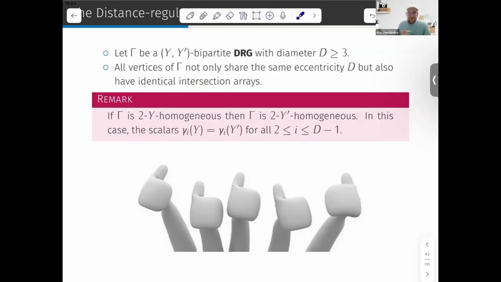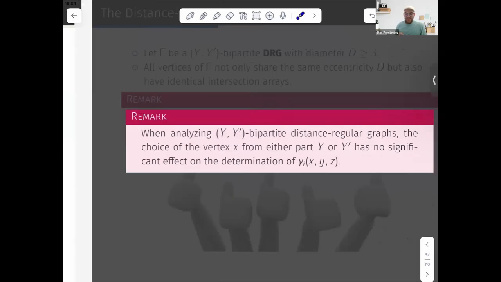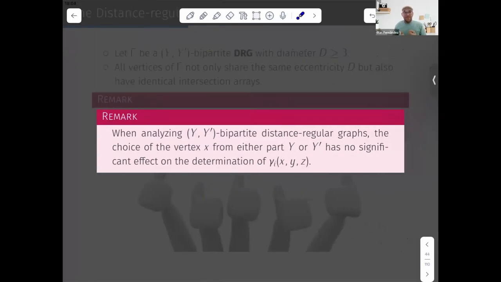So it is easy to see, as we saw in the example of the cube, that if our graph is two-way homogeneous, then it will be two-way prime homogeneous with respect to the other partition, and the scalars are the same. So this means that whenever we have a bipartite distance regular graph, it really doesn't matter which partition we pick in order to compute our scalars gamma i.